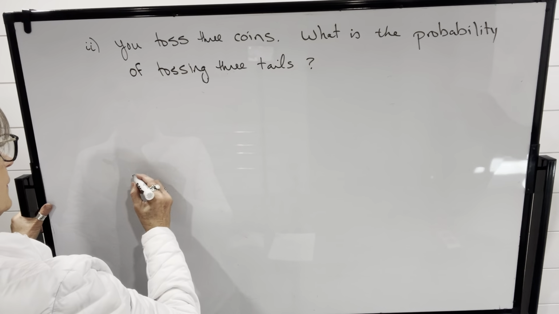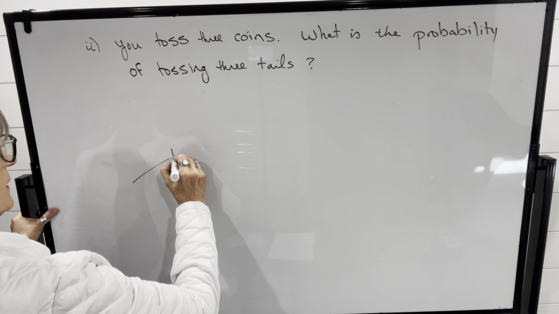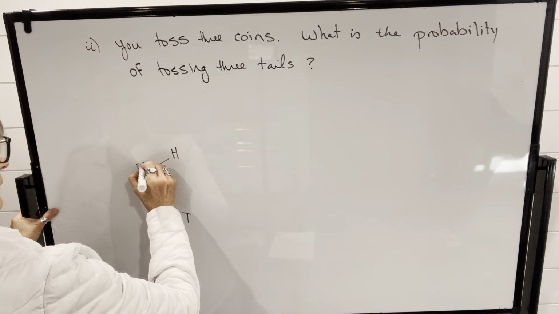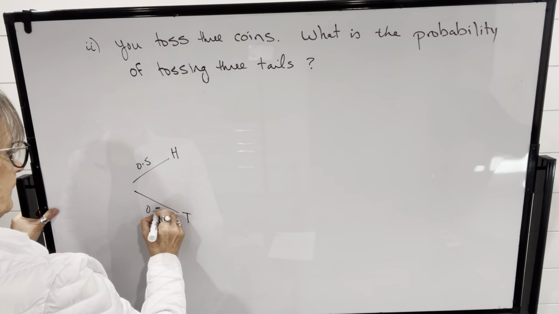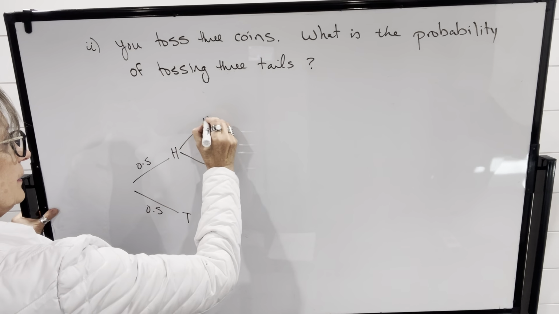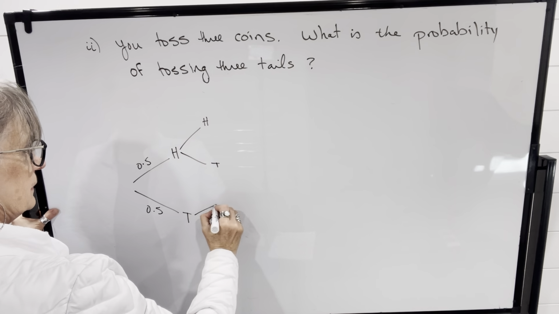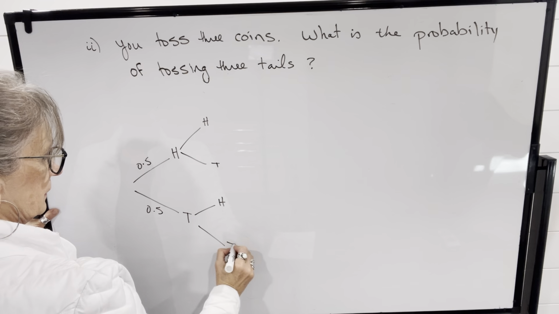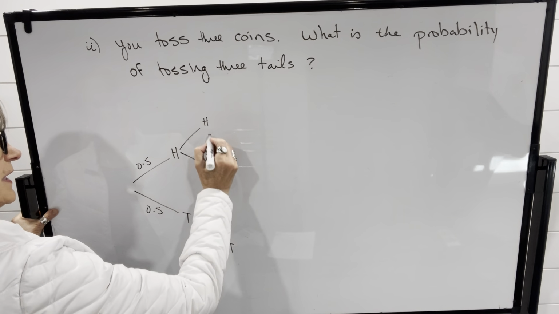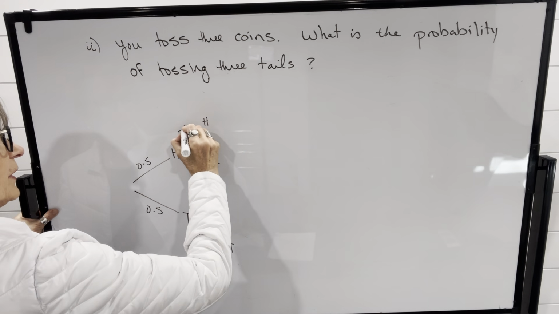So our first toss, first coin, is either a head or a tail. 50% chance for each. Then the second coin toss is either a head or a tail. So if the first coin is a head, then our 2 options for our second coin are head and tail, so 0.5 and 0.5.